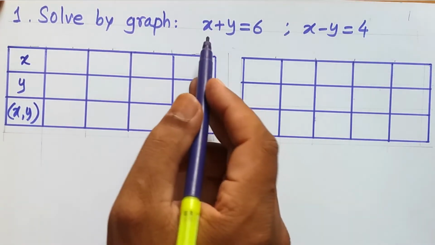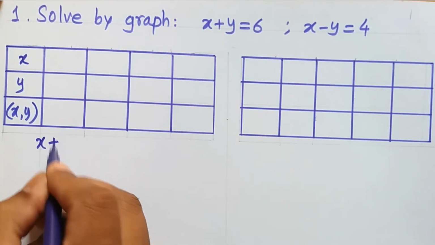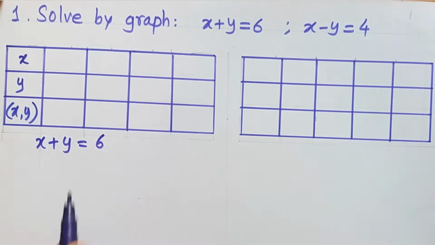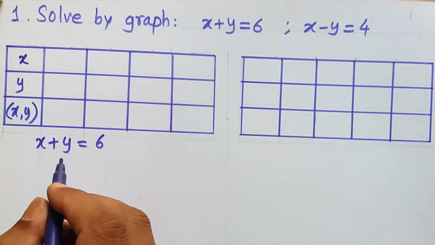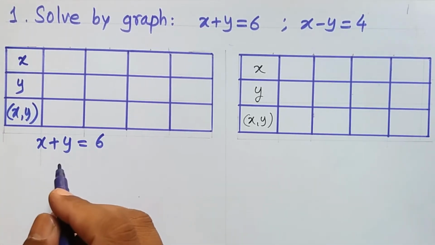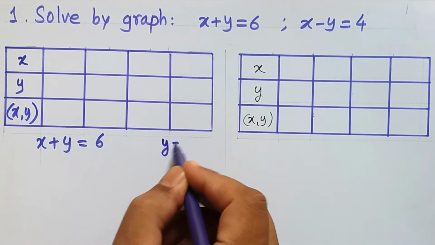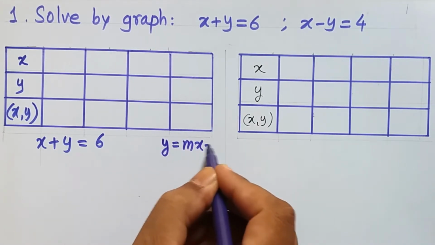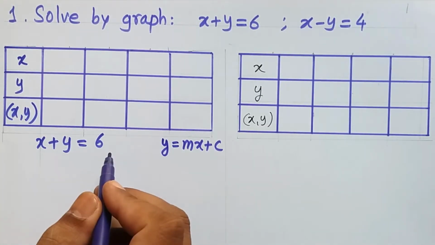Now let us take the first equation, x plus y is equal to 6. Write this equation in the format of y is equal to mx plus c. So transpose this x on the right hand side.